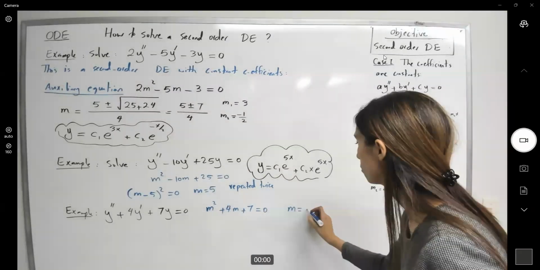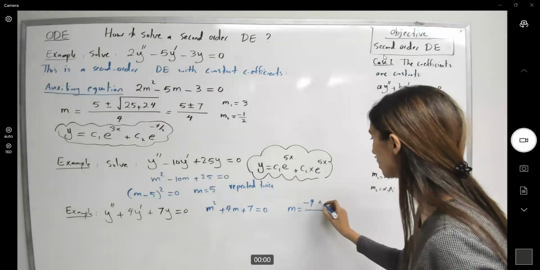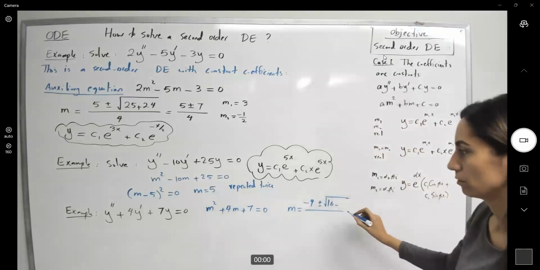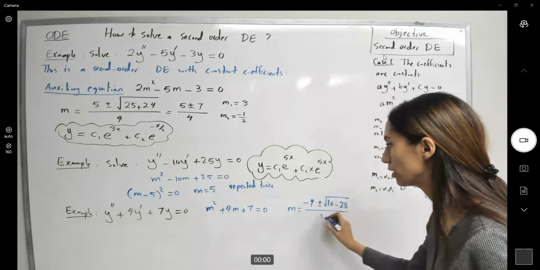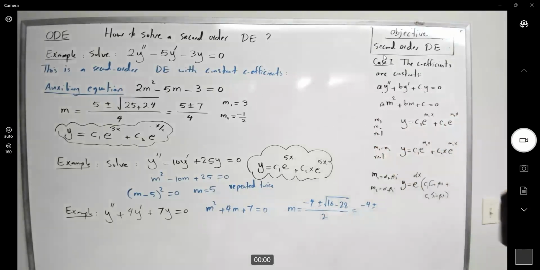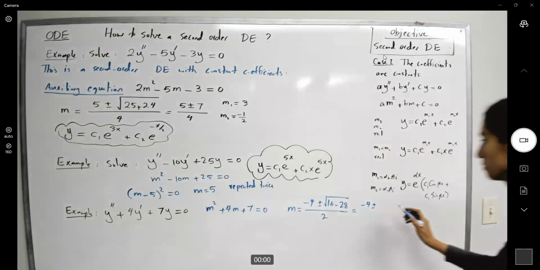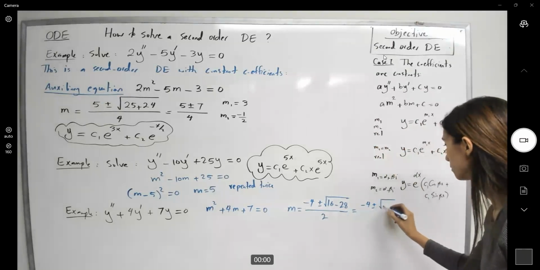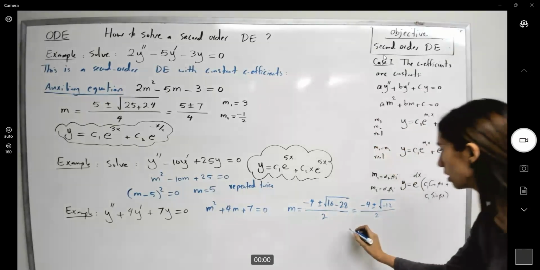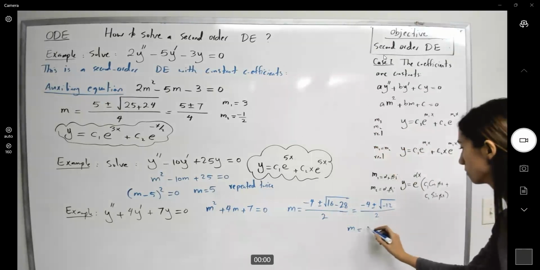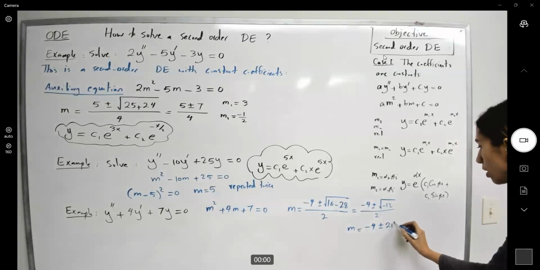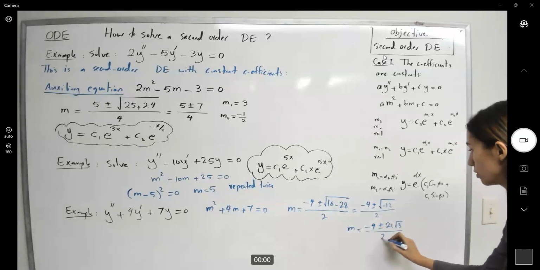So m is equal to negative b plus or minus the square root of b² - 4ac, which is 16 - 28, divided by 2. So your m becomes negative 4 plus or minus the square root of negative 12, divided by 2. So your m becomes negative 4 plus or minus 2i square root of 3, divided by 2.